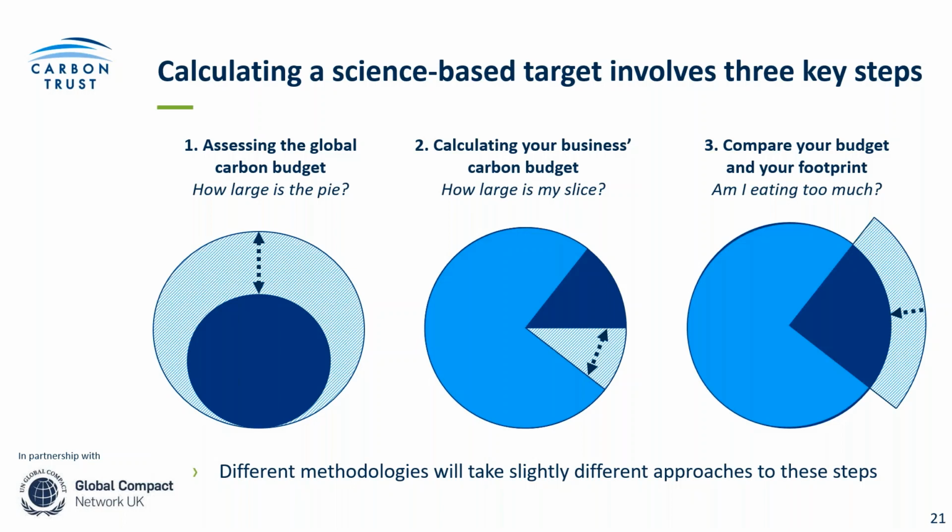Step 2 is to calculate your business's carbon budget. And step 3 is comparing your budget and your footprint. So you can see the analogy in the slides there. How large is the pie? How large is my slice? Am I eating too much? So how do I compare to that? There are a number of different approaches and methodologies that you can use, and different methodologies will take slightly different approaches to these steps.